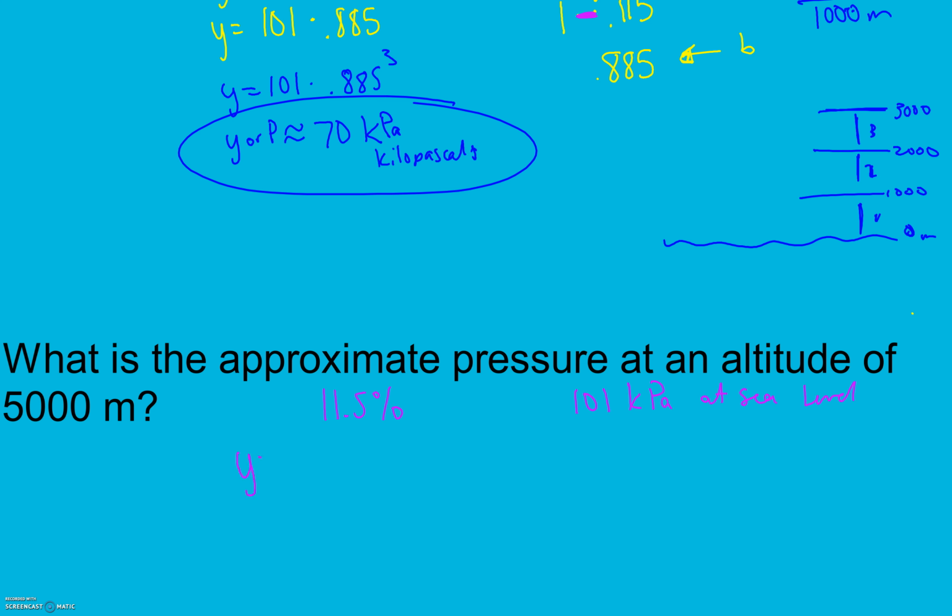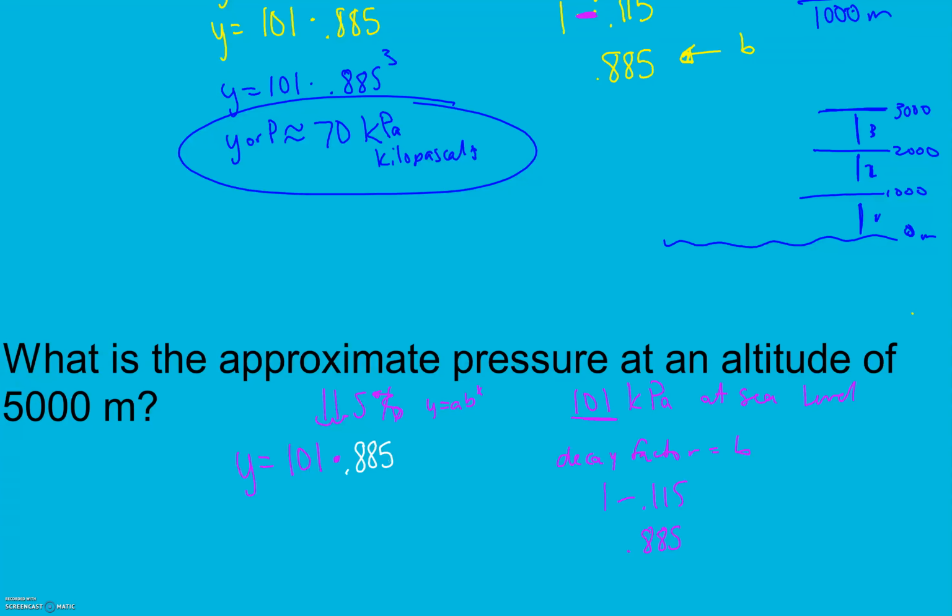So here our pressure is still going to start at 101, that's our initial amount, times, again, our decay factor here, or our b value, is going to be 1 minus, to get rid of our percent, we move 2 places, 0.115 or 0.885. And again, we subtracted here because it's decaying and decreasing. So it's getting smaller.